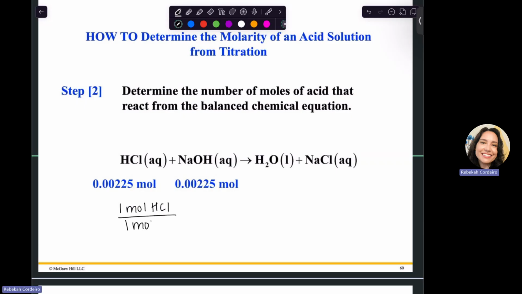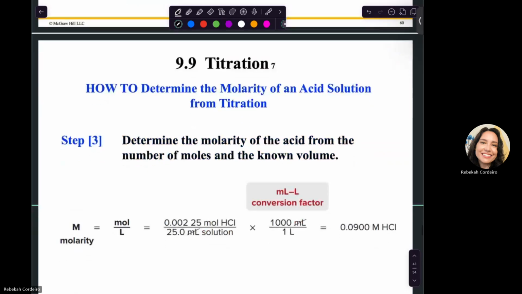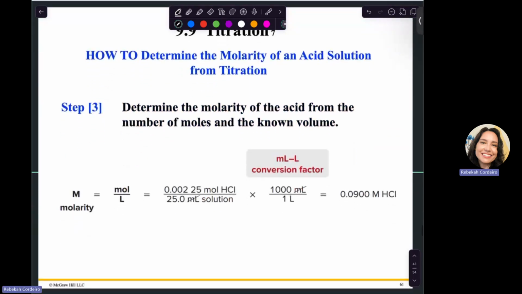I would have done it this way, and I wouldn't have done it in steps. We'll talk about it in class, but I would use a mole-to-mole conversion instead of just saying, oh, it's the same. I know it's the same, but writing it out is really helpful. And then we'll take the moles of our acid divided by the liters of our solution. They're kind of doing it a little bit backwards here. I would just find the liters and then find the moles and then divide them. So you should be getting this number as your answer.